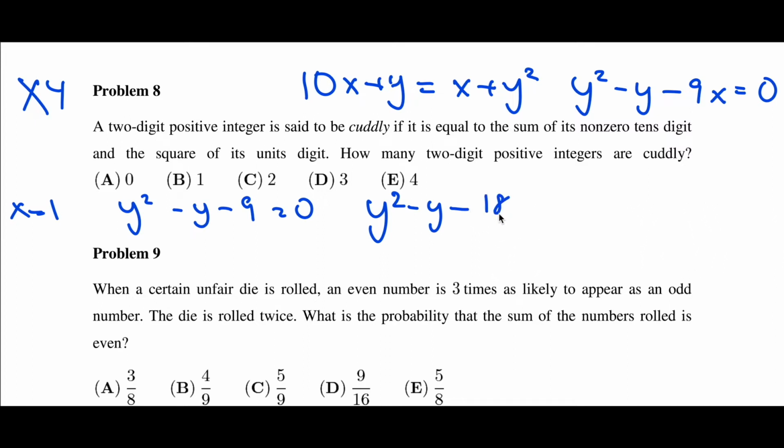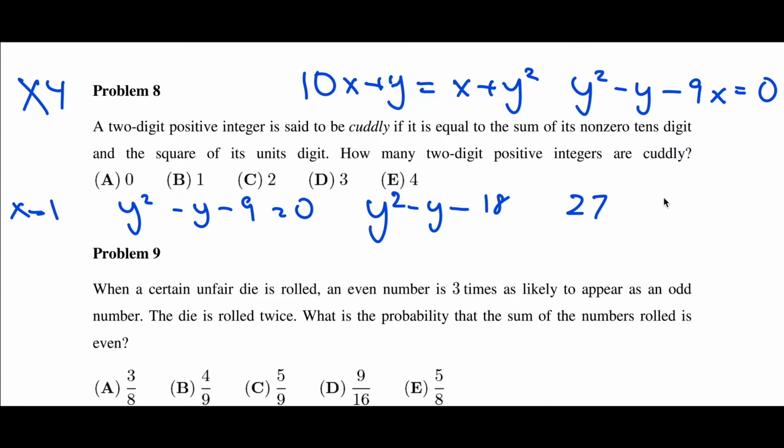It can't be broken into two factors of 18 that have a difference of 1. And for 3, it would be y squared minus y minus 27. And same with 27, you can't break it down into factors of 27 that have a difference of 1.